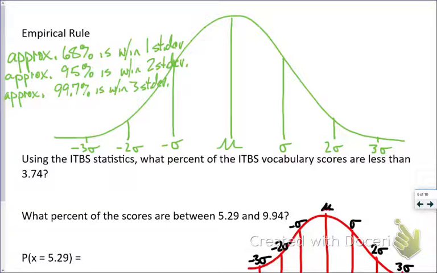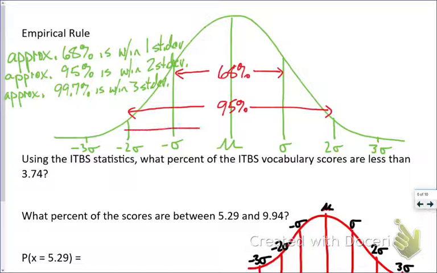You could say something like here to here is 68%. Here to here is 95, and here to here is 99.7.